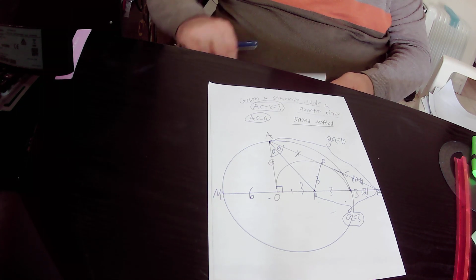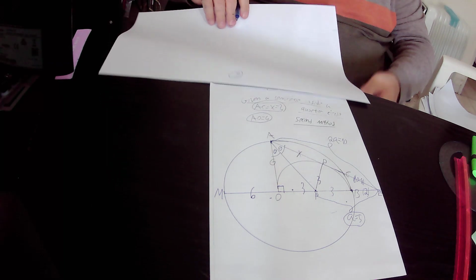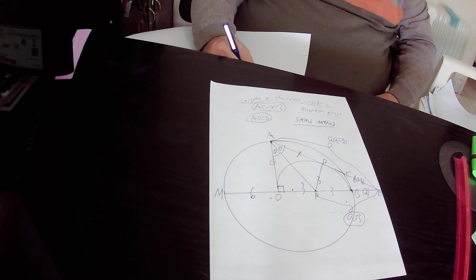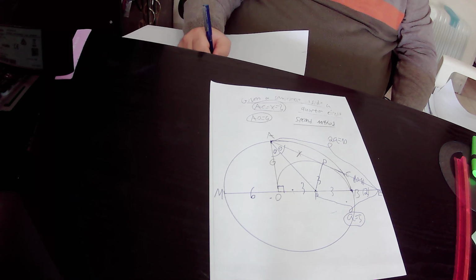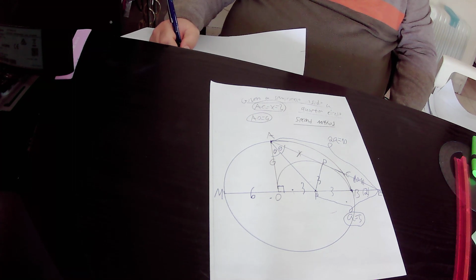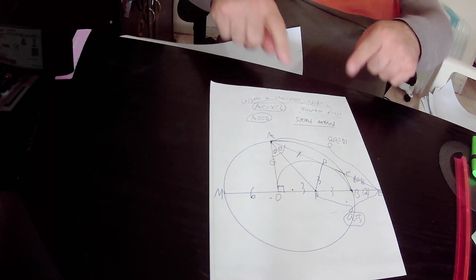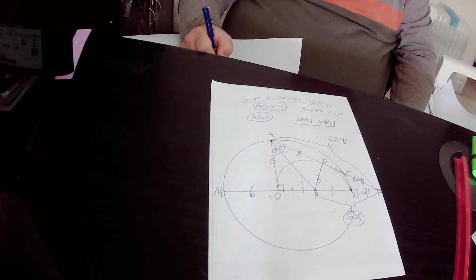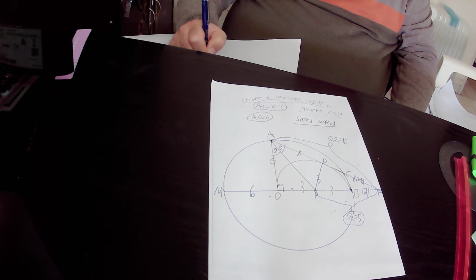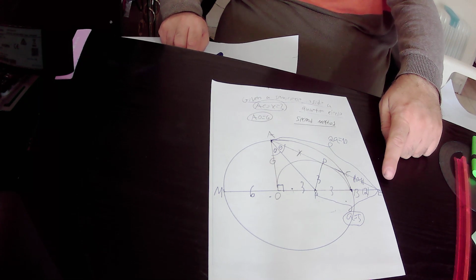In our specific drawing, we have chord AC intersects with chord MB at point E. Here point E is the intersection point between chord AC and chord MB, and point E is located outside the circle.